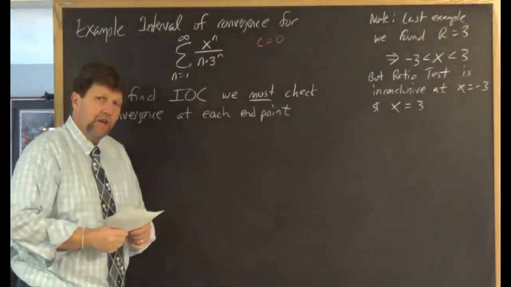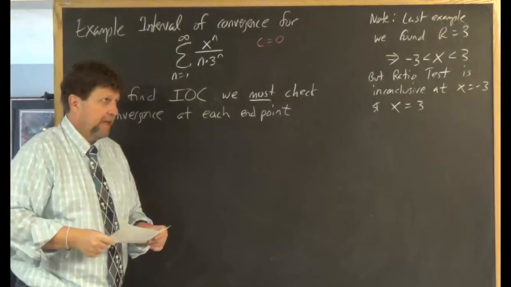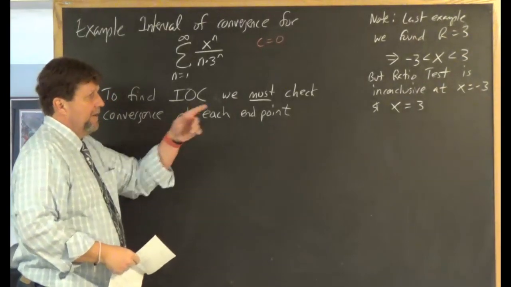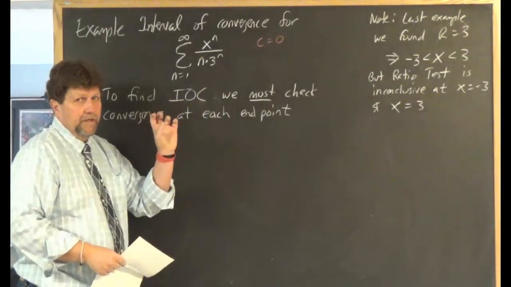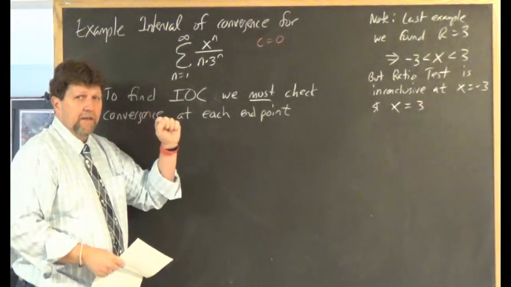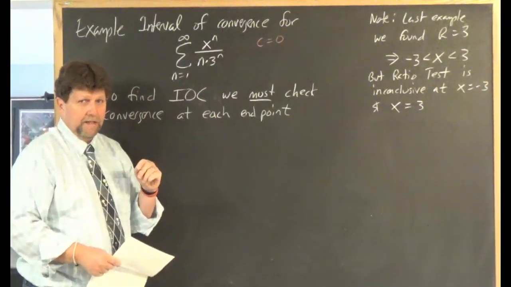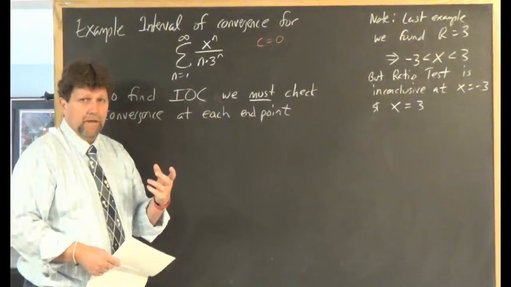So we have to check them separately. So what does that mean? You have to take those values of x, the endpoints of the interval, toss them back into the power series, and see what you end up with.